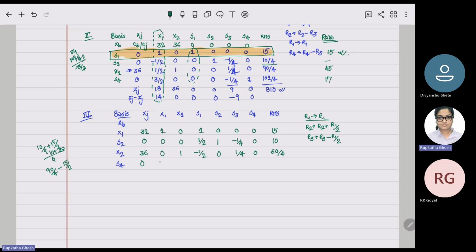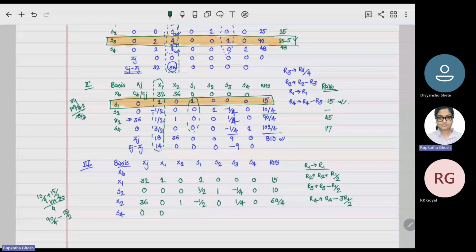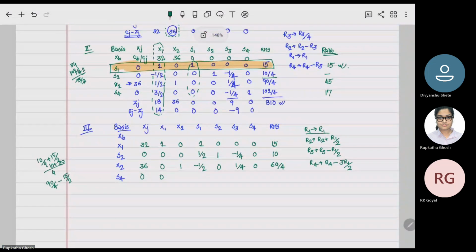And lastly, here also it should be 0. So here what you can do is R4 as R4 minus 3 R1 by 2. So 3 by 2 minus 3 by 2, 0, 0, 0. 0 minus 3 by 2, 0 minus 1 by 4.